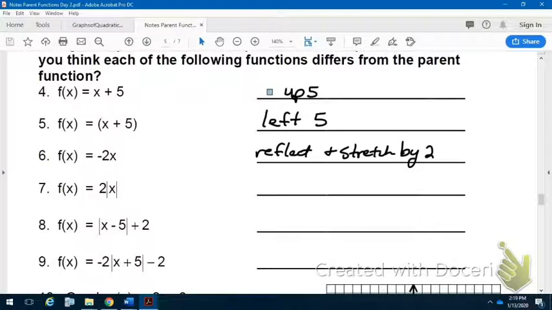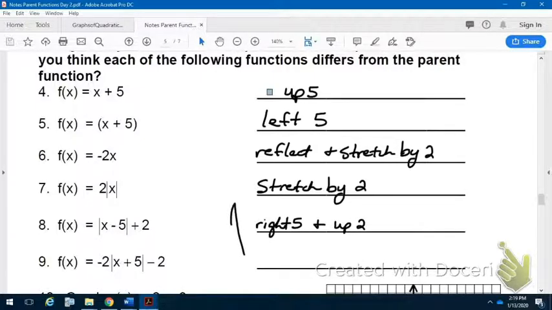Now we've got the absolute value graph, and this is a stretch by a factor of 2. Okay. This next one, inside the grouping symbol, which is the absolute value marks, you have minus 5, so that makes it go right 5 and up 2 units.